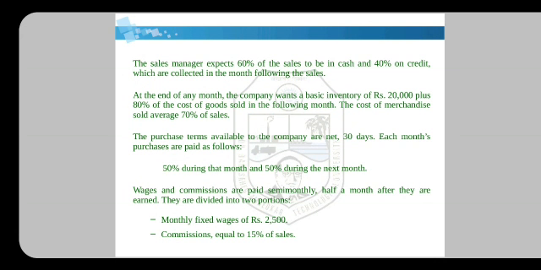At the end of any month, the company wants a basic inventory of rupees 20,000 plus 80% of the cost of goods sold in the following month. The cost of merchandise sold averages 70% of the sales. The purchase terms available to the company are net 30 days.